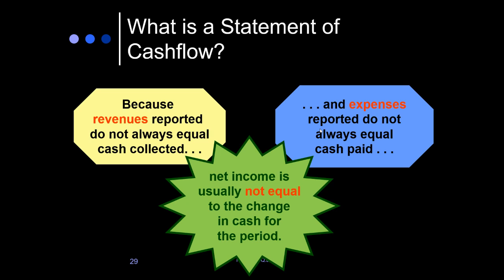Net income is based on accrual, so we take into consideration the revenue and expenses for that period, whether or not there is a cash collection or cash payment. That is under accruals. But for a statement of cash flow, we're looking at the actual cash that we paid and received in the period.